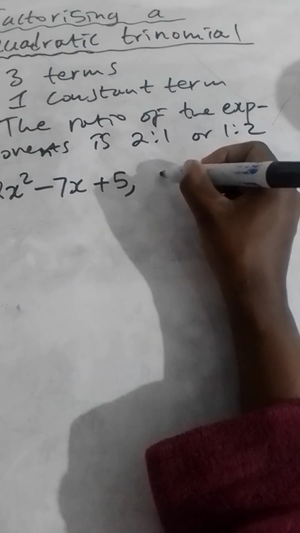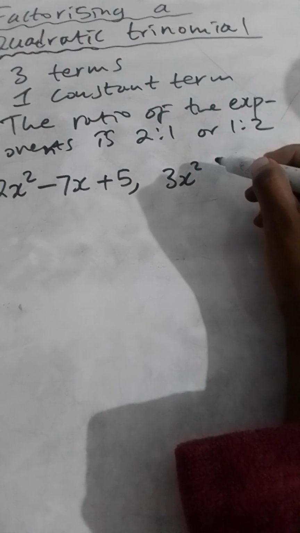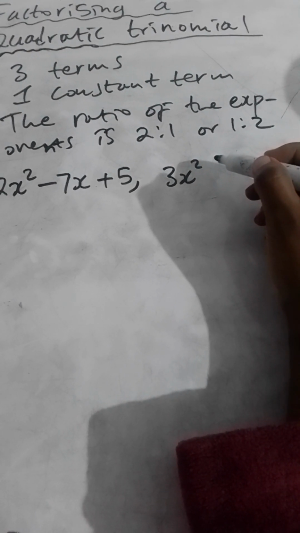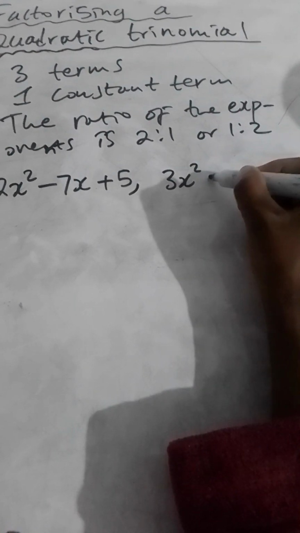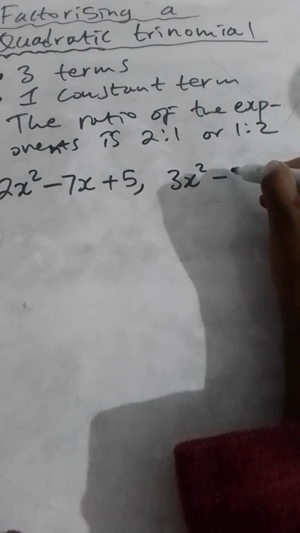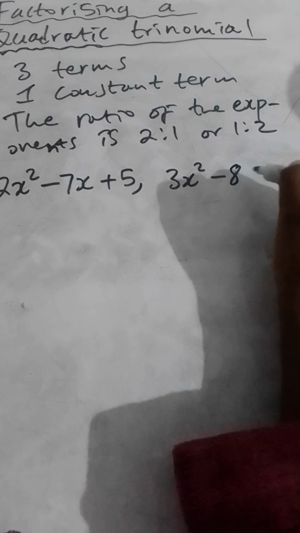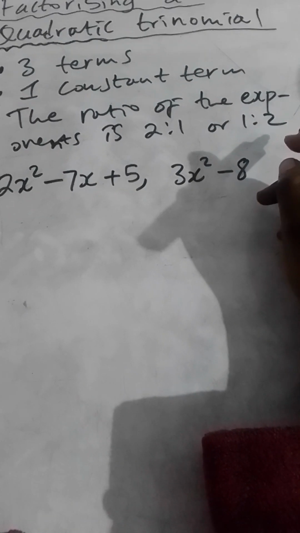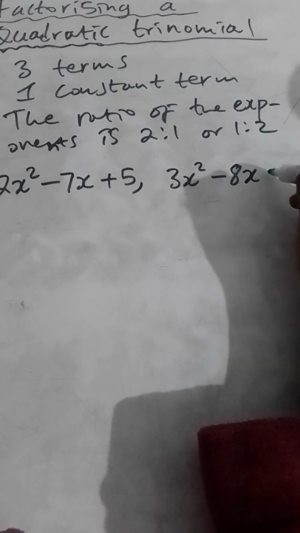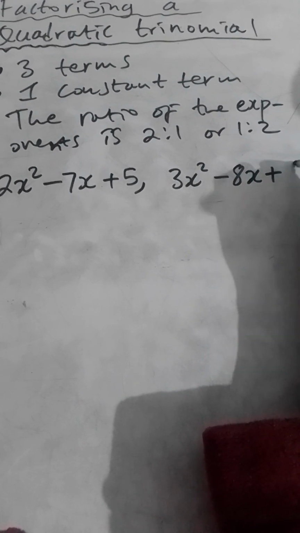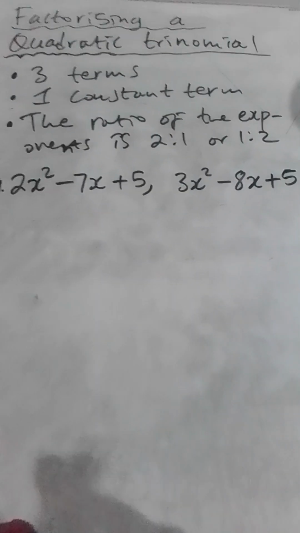And then we'd have 3x squared minus 8x plus 5.